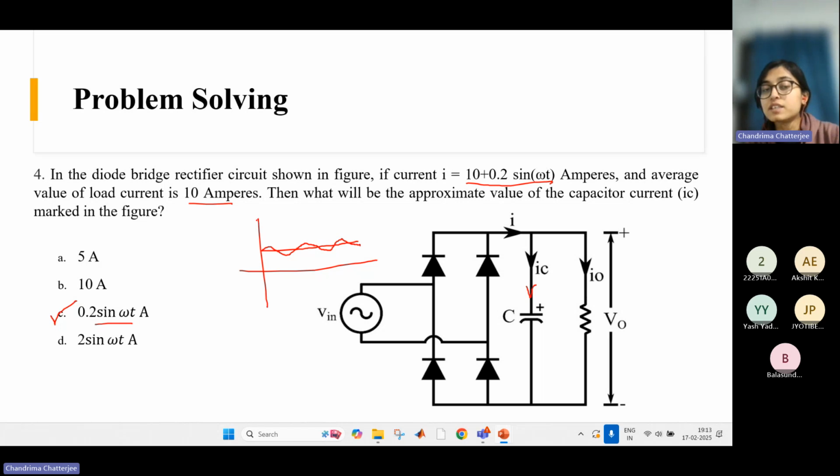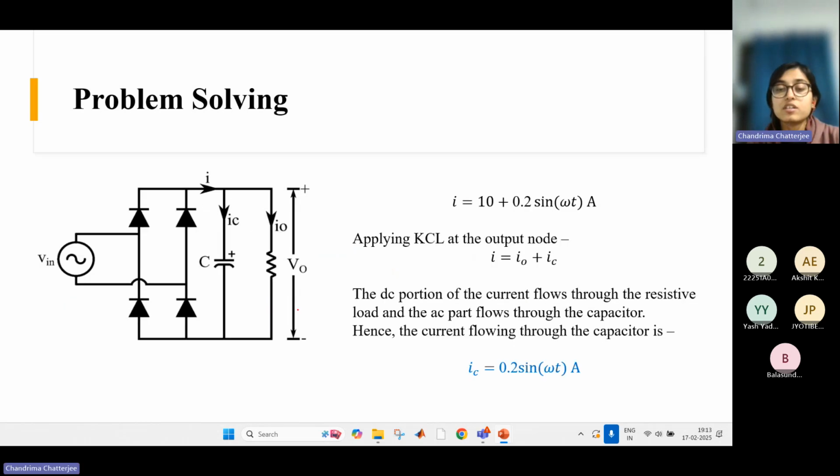If this is my I, and this is time. Fine. So there is no calculation at all. Just seeing the question only, you can answer.